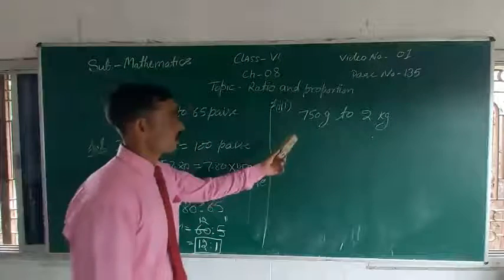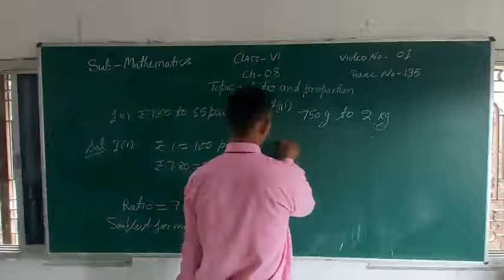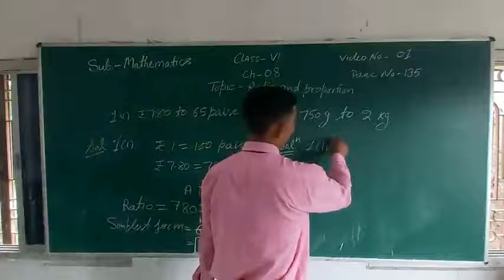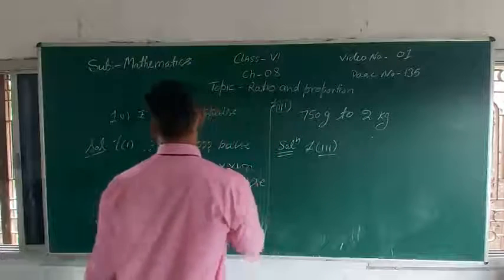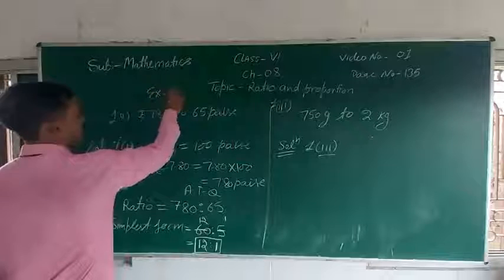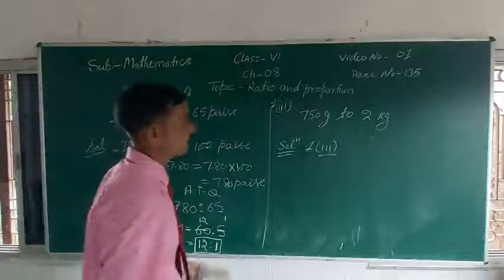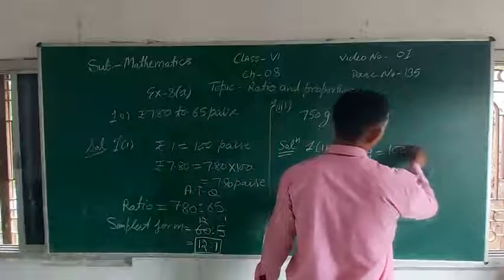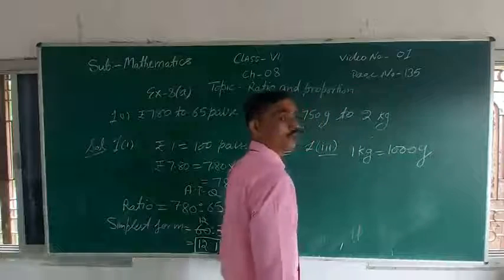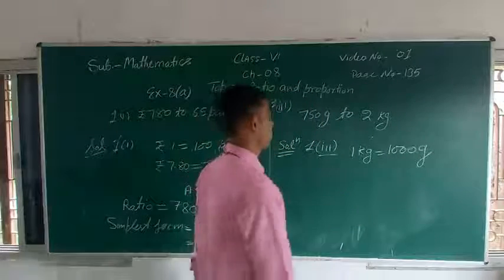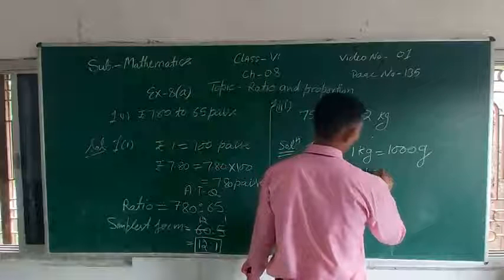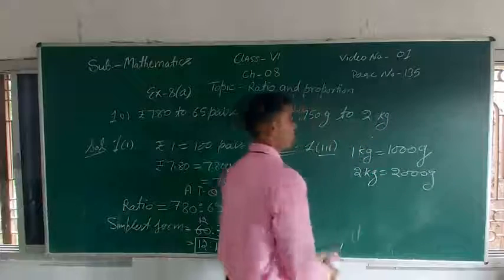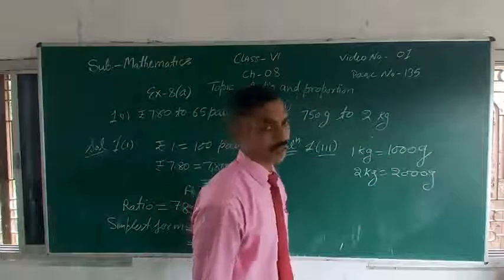Now the same here, 750 gram to 2 kg. Solution of first question, third part of exercise 8A. 1 kg is equal to 1000 gram. Now 2 kg is equal to 2000 gram, because we multiply 2 by 1000.